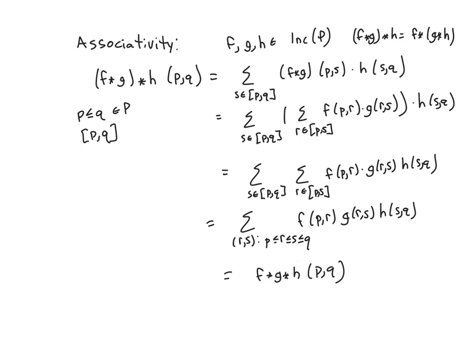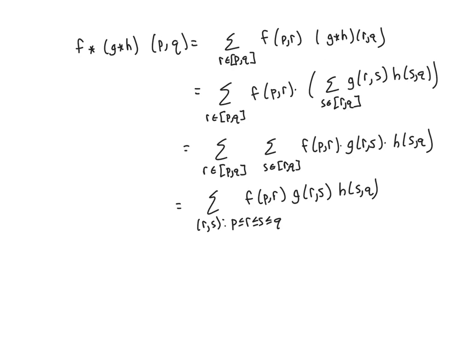So this is worthwhile because it tells you what happens. You get this summation. Now, on the other hand, what happens if you compute this other function? Well, by definition of convolution, I sum over all r in pq, f applied to pr, and then the second function applied to rq. Again, by convolution, this is computed by summing over all s in the interval rq, g applied to rs, h applied to sq. Again, the distributive law holds, and I can distribute the f of pr through like I did before, and I have f of pr, g of rs, h of sq.